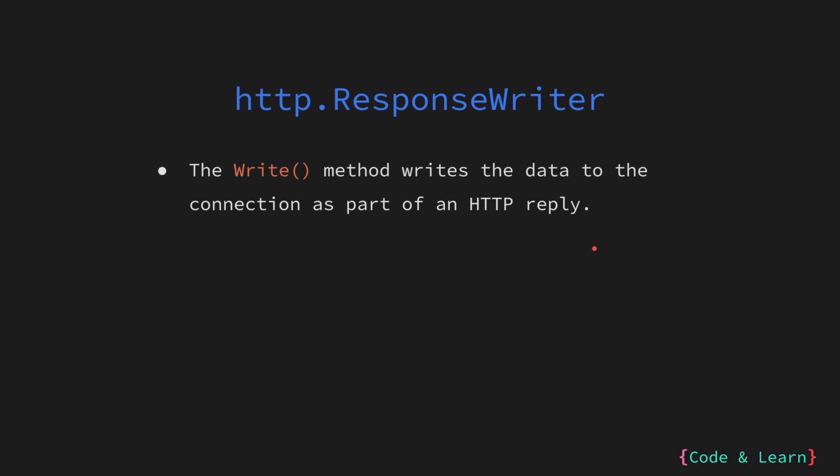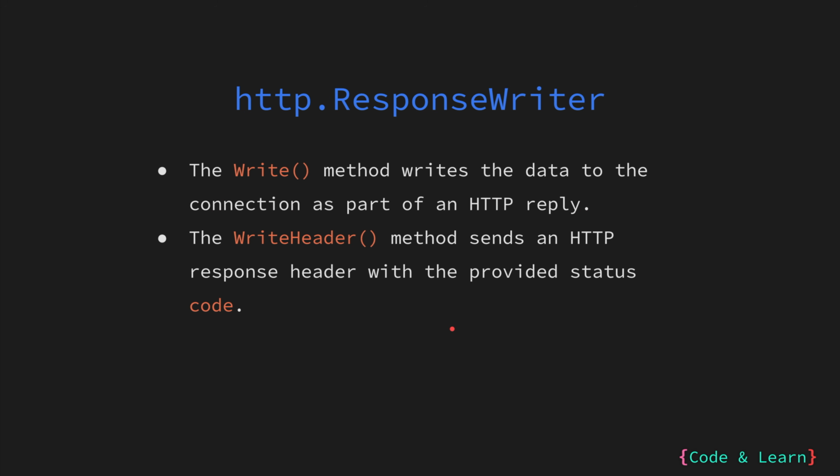Please note that if you haven't written any header, Write calls the WriteHeader method with http.StatusOK before writing the data. That means by default, the response status will be HTTP OK or 200 if you call the Write method to write data, or if you don't explicitly set the response header with the WriteHeader method.